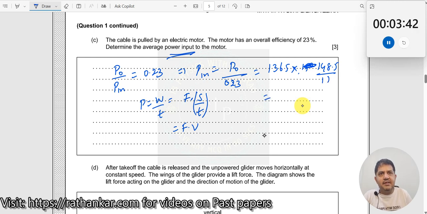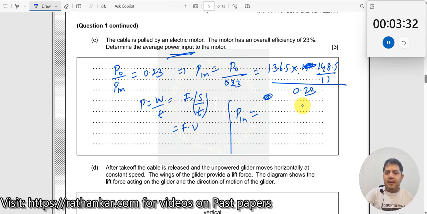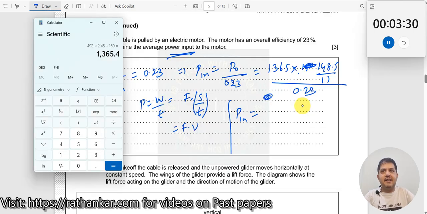So this is your output power divided by 0.23, because I should not miss this. Let us do the calculation to get the input power. 1365 multiplied by 148.5 divided by 11, divided by 0.23.